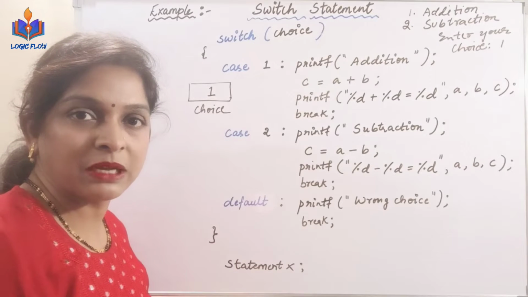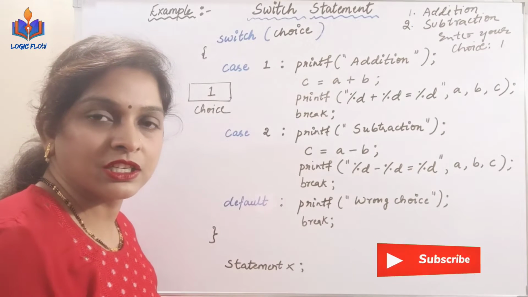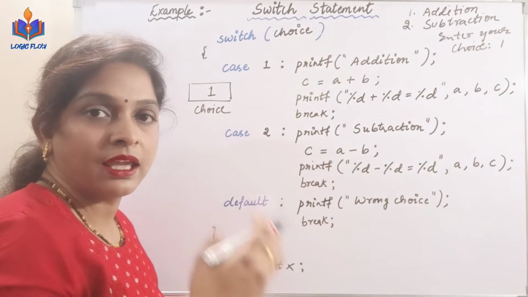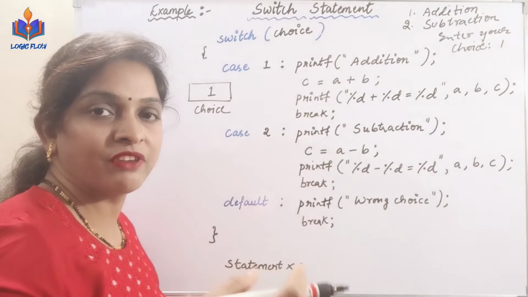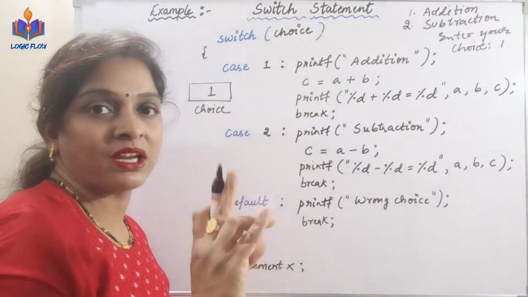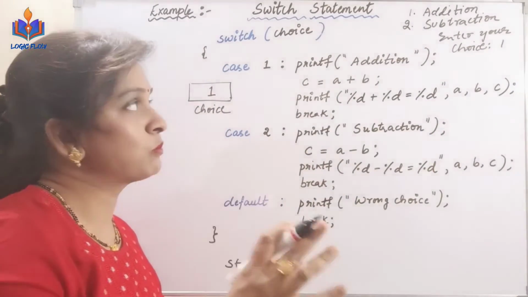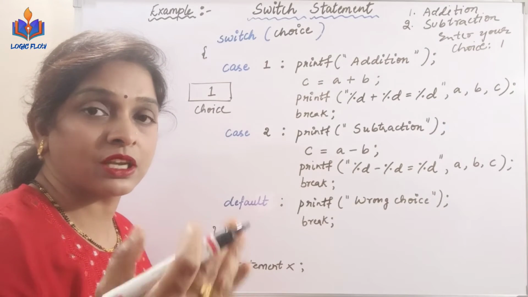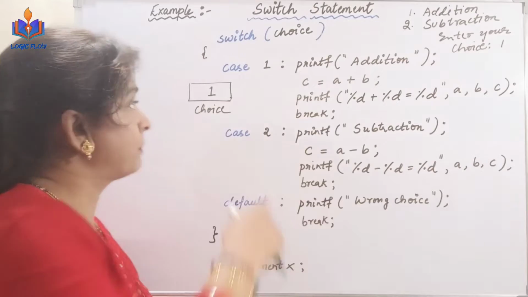So we will have a complete program. You can have all the hash includes, then the variable declarations int a, b, c followed by the variable choice. Then printf messages to print 1 as addition, 2 as subtraction, then one more message, enter your choice. And I'm inputting the choice value into the variable choice.